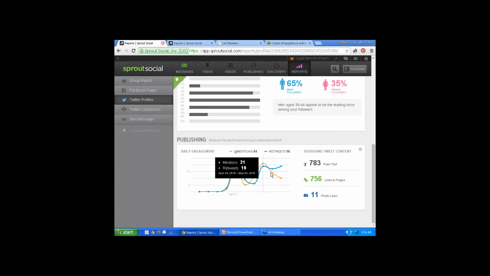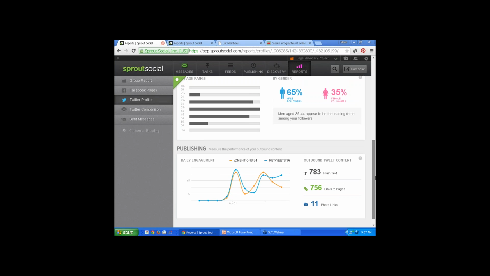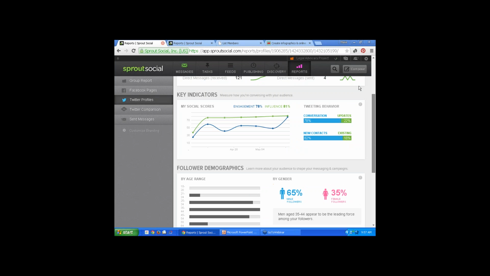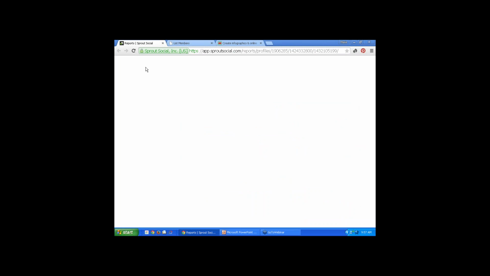Here you can see from when we got started how many mentions and retweets we've had, and also how many photo links and tweets. It tells you how your outbound content is doing and what makes it most effective. In Sprout, you can also export these and do fancier things, which I'll touch upon briefly.